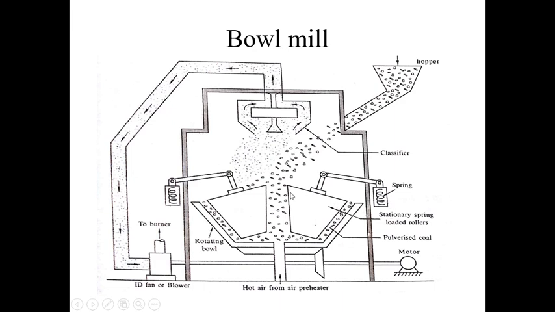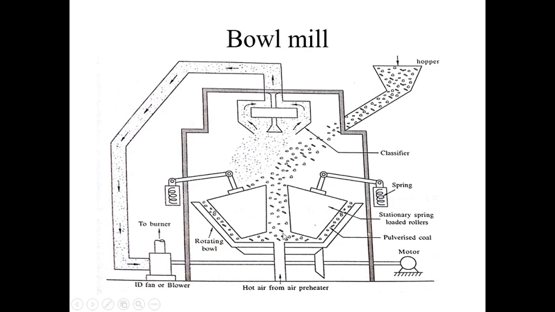These are rollers, so the whole thing will not be rotating, but there will be a rough surface which will be rotating, and the motor is used to rotate this whole rotating bowl to ensure the crushing of the coal.